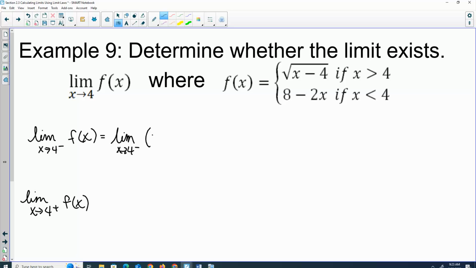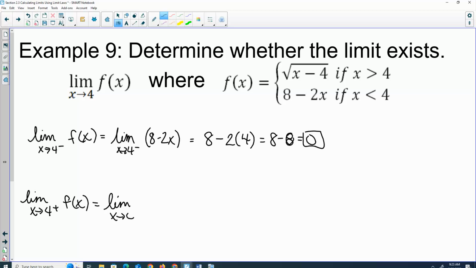Because it's less than 4, that's the polynomial piece, you can plug in. Doesn't matter that you're approaching from the left, you just put in the 4. So 8 minus 8 is 0. As you're approaching from the right, that means your numbers are bigger than 4. So you're on the greater than 4 piece, square root of x minus 4.